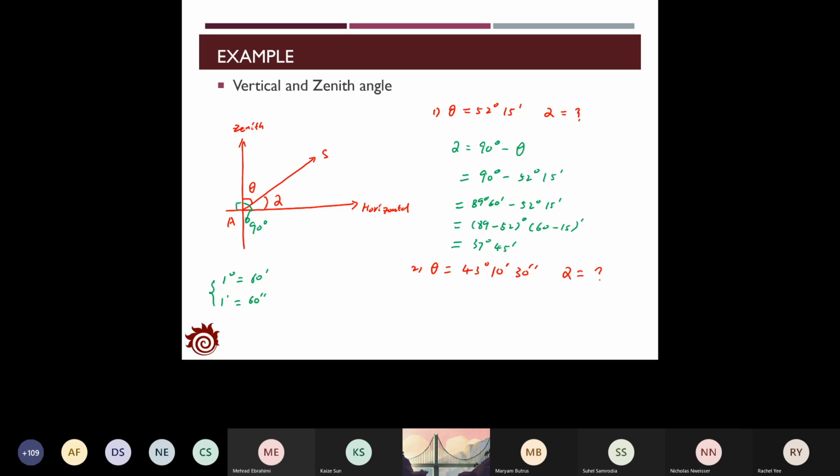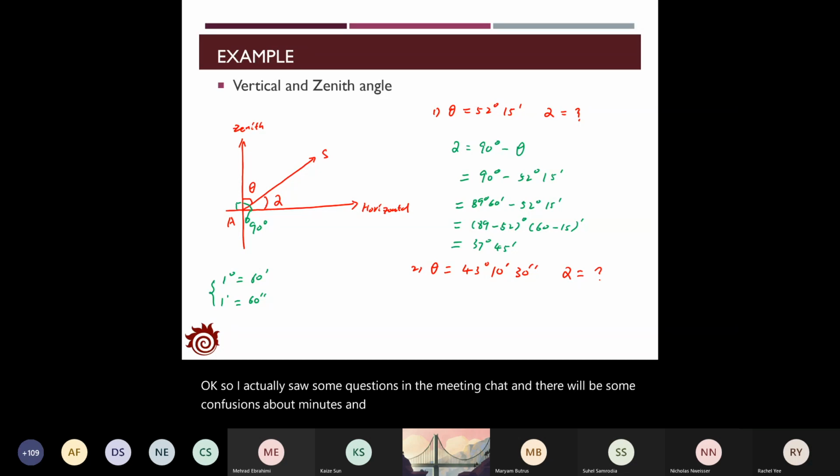Okay, I saw some questions in the meeting chat, and there is some confusion about minutes and seconds. I thought you knew the definition. For the measurement of angles, minutes and seconds are units for the angle, different from the measurement of length. For angles, it increases every 60 units.